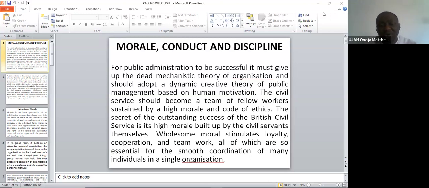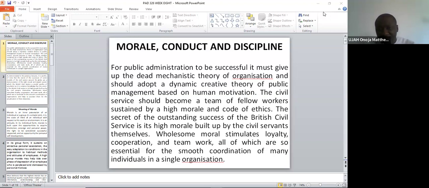So the issue of morale must be taken seriously in every arrangement that works for the sustainability of the system and a result-oriented arrangement. For the purpose of this course, we said that for public administration to be successful, it must give up the dead mechanistic theory of organization and should adopt a dynamic, creative theory of public management based on human motivation.